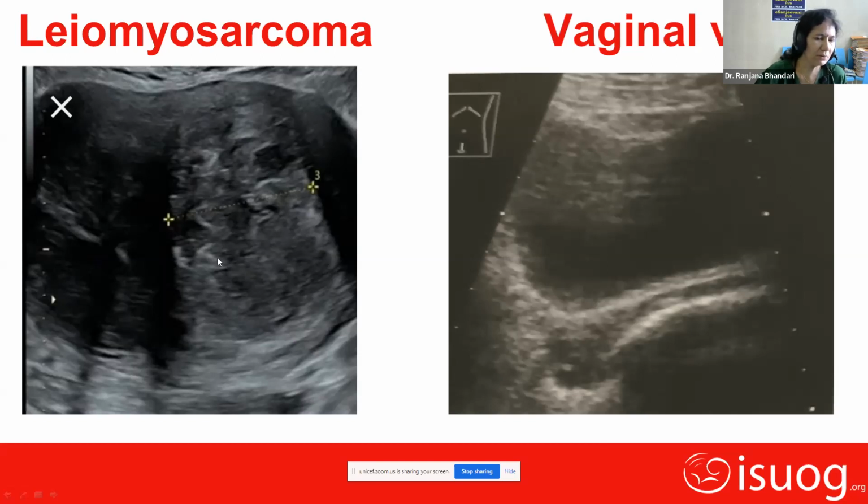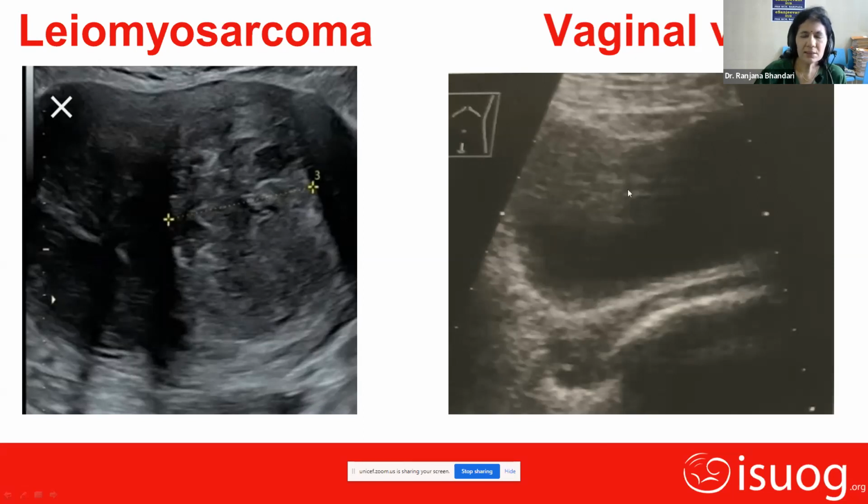As soon as we put color Doppler, because of neovascularization and angiogenesis, a lot of blood flow, increased velocity and low impedance blood flow you can see within the leiomyosarcoma areas.